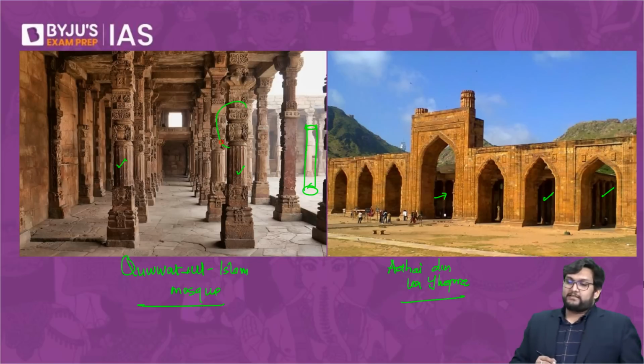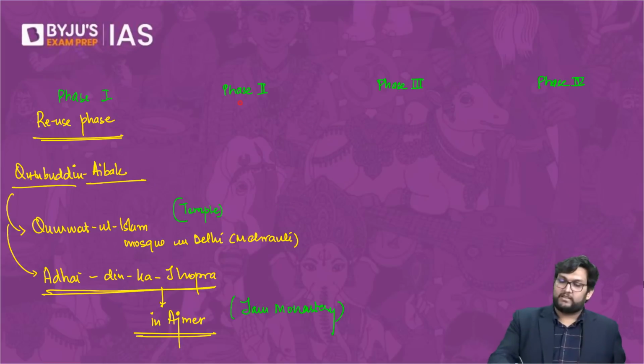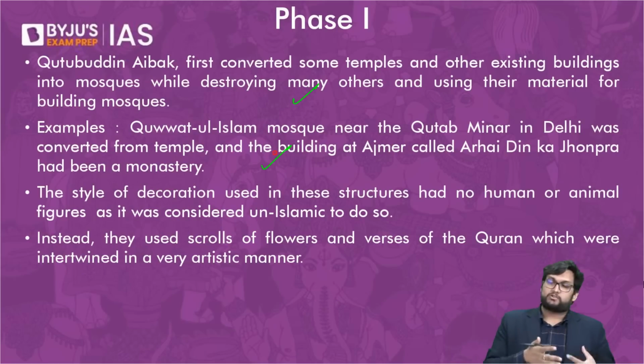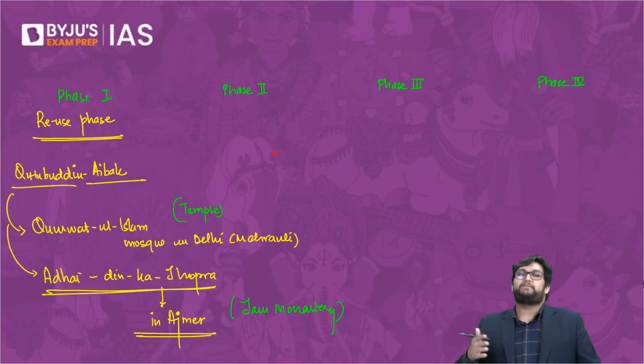But in this phase, there is no major innovation. Phase 1 is just about existing buildings being used, reused, so as to get makeshift ideas. That is the basic point. Adhai Din Ka Jhopda, it is believed that he stayed here whilst moving towards the Battle of Tarain.